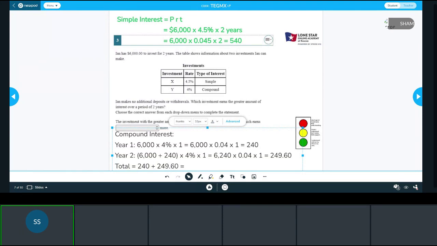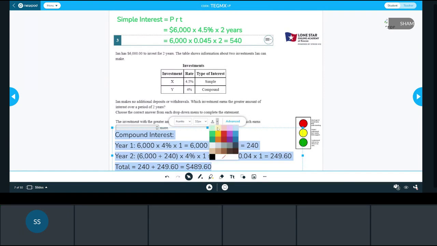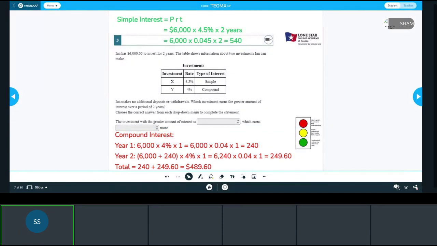And when we add them up, we get a total that is $489.60. We can color code over here. Right? That is the difference between simple and compound. Right? And it's always easier to find compound yearly, right?